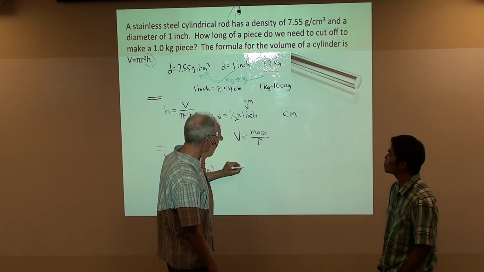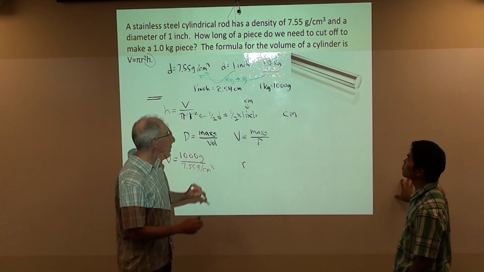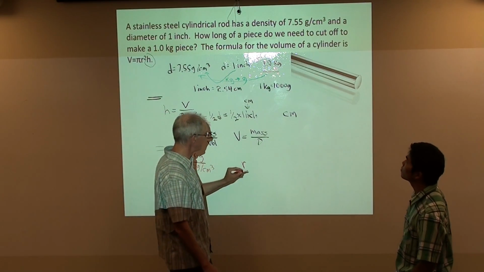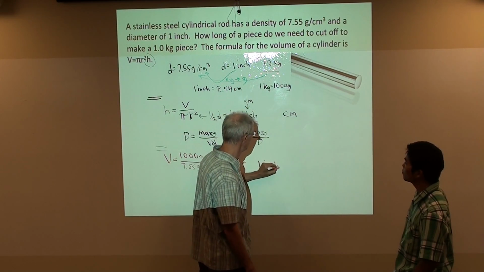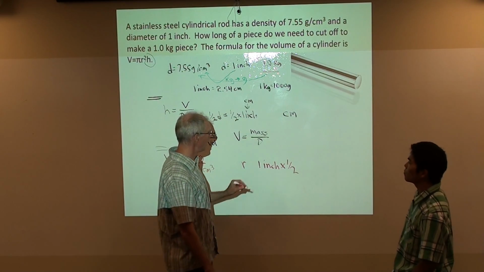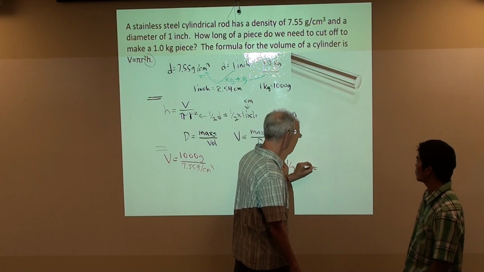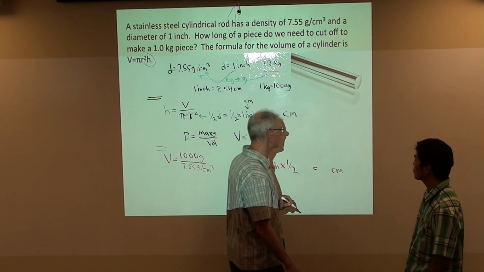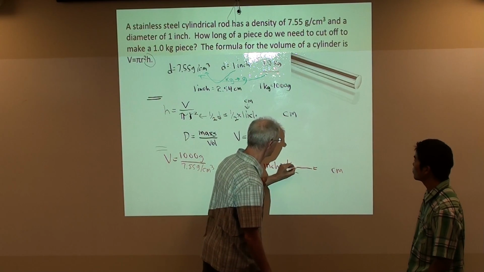Now, the R I get from our diameter. So the diameter is 1 inch. The radius is 1/2 of that. And then I need the conversion factor of inches to centimeters. Right? So I want my conversion factor here.